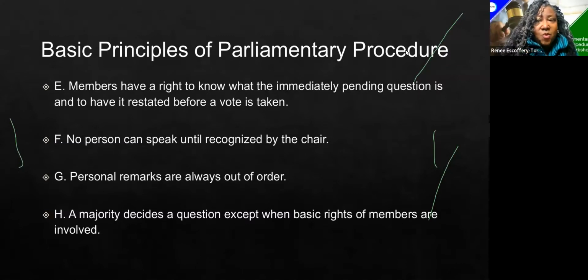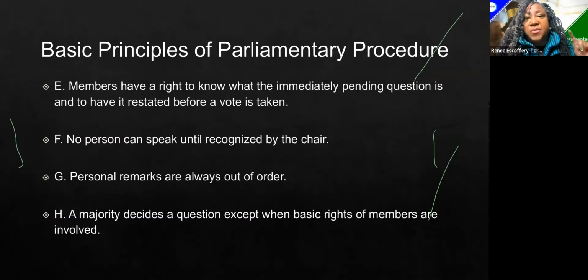I know Dr. Salzberg would always talk about this: write your motions down. O maker of the motions, please write your motions down. Please provide a copy to two people. The first person is the presiding officer, and the next person would be the recording secretary.